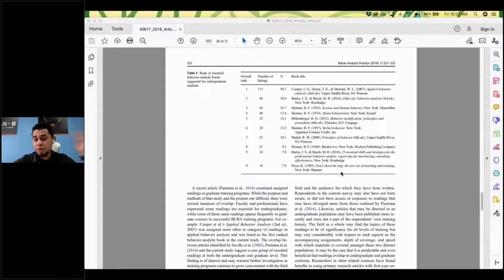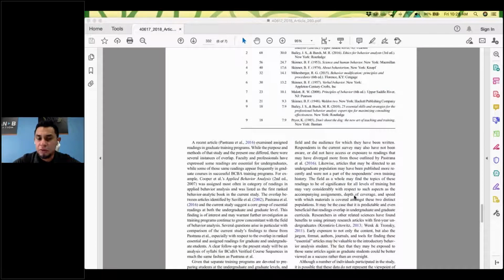Now that I'm starting these sessions with you, I'm probably going to end up reading this book because I heard it's a great book from a lot of my colleagues. So yes, all of these are the quote unquote top behavior analytic books that if you're an undergrad student, you should probably look into purchasing. It's a great reference, a great resource to have.